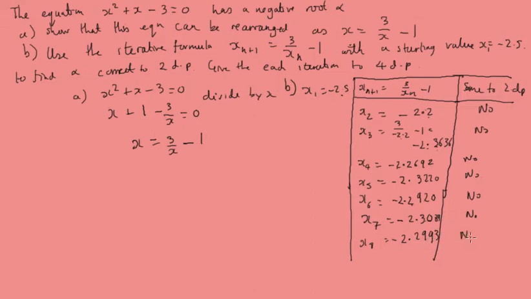So again, no, but we're getting closer. x9 is minus 2.3047. So this is going to be rounded to 30, so yes. So alpha is minus 2.30 to 2 decimal places.